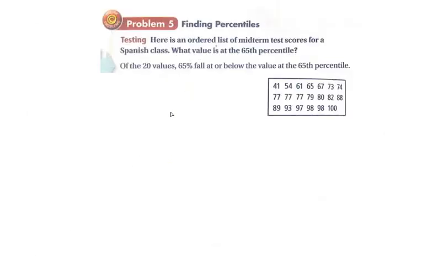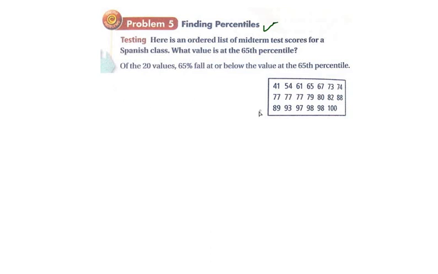Now, this is an easy question. Here is an ordered list of values. If it's not ordered, we need to order it to find the percentile. Here is an ordered list of midterm test scores for a Spanish class. What value is at the 65th percentile?